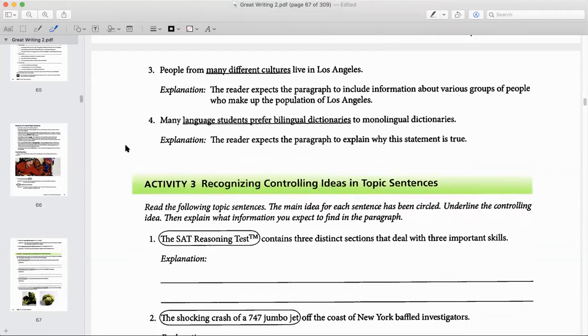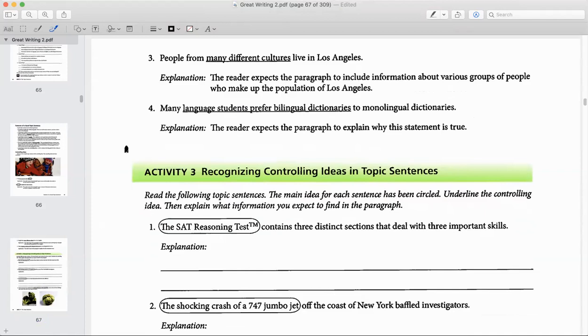And finally, number 4, many language students prefer bilingual dictionaries to monolingual dictionaries. In case you're wondering what this means, monolingual dictionary is just one language. So if you use an English dictionary where the words are in English and the definitions are also in English, that is a mono.